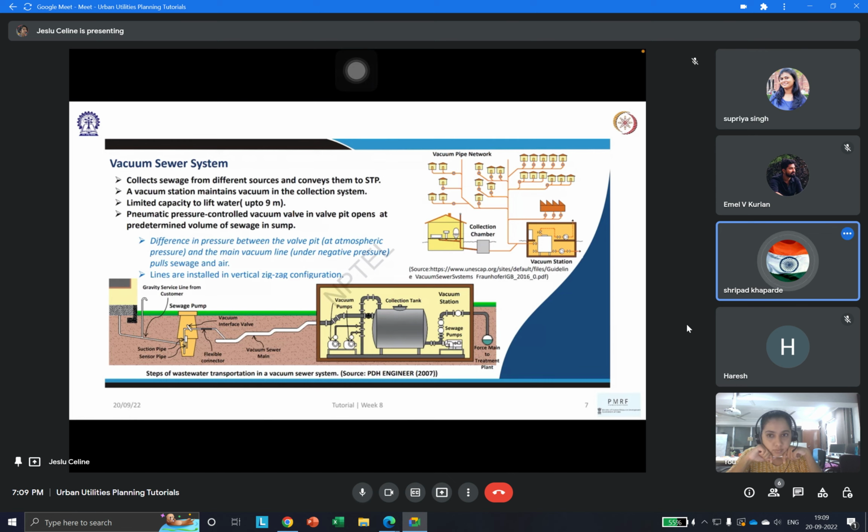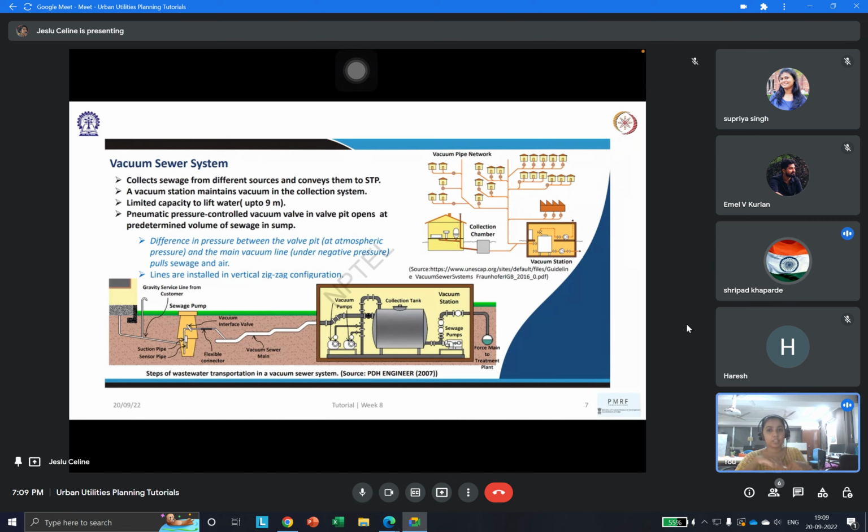So mainly the sewage is supplied to the main sewage treatment plant by the vacuum system. There are some collection centers. So this type of design is feasible for the vacuum system.